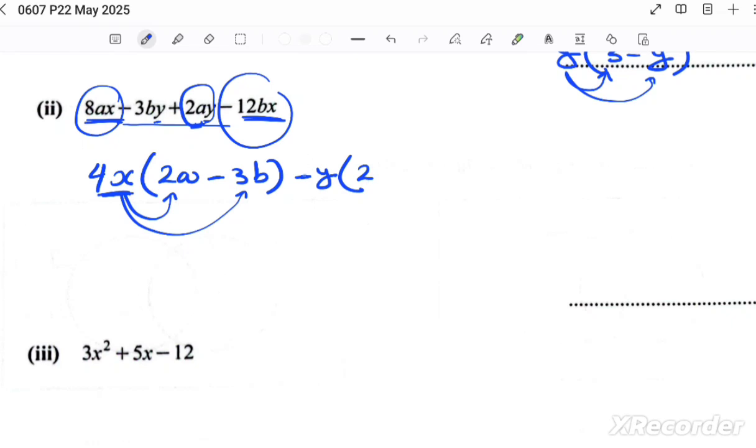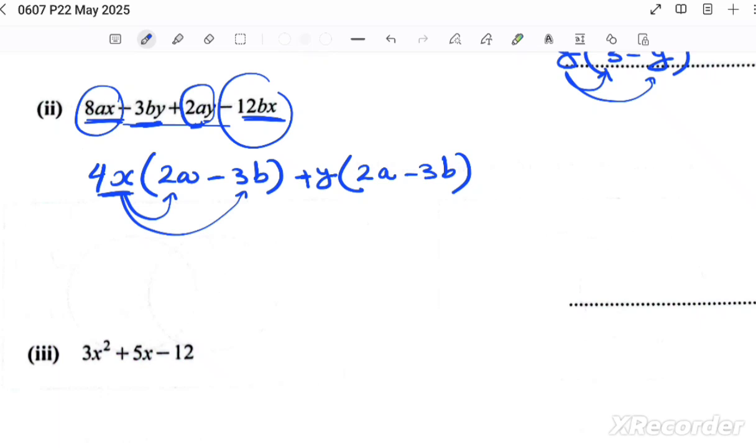Actually, let's make it plus. So it will be 2y, 2a. And then if you look at this part, you have -3b.